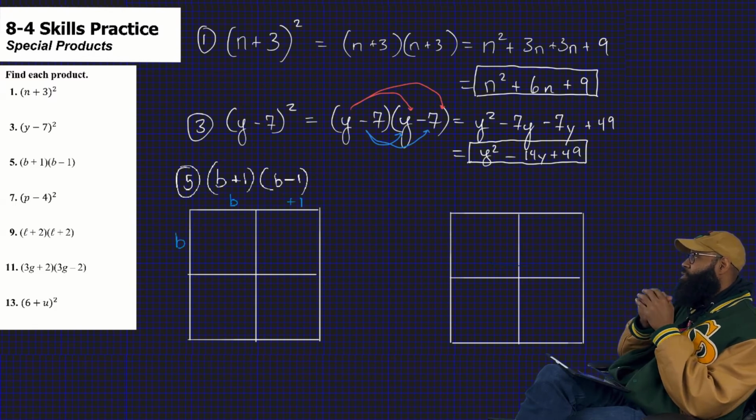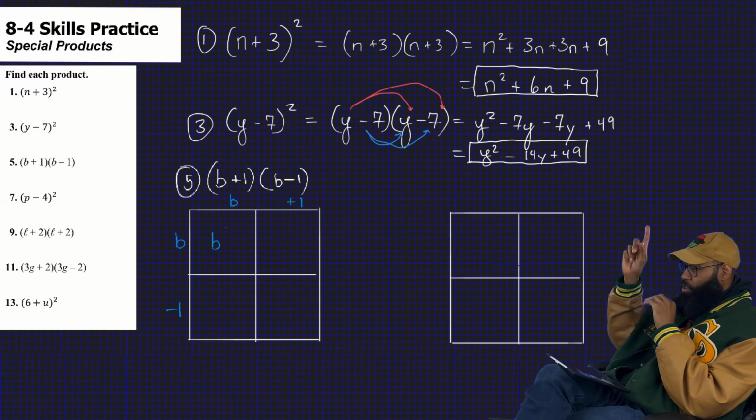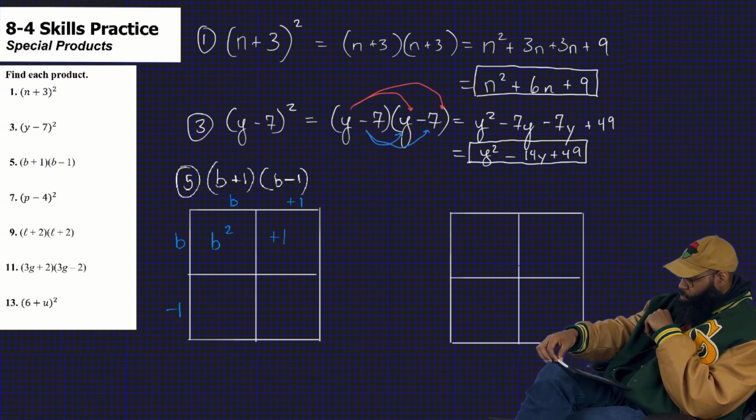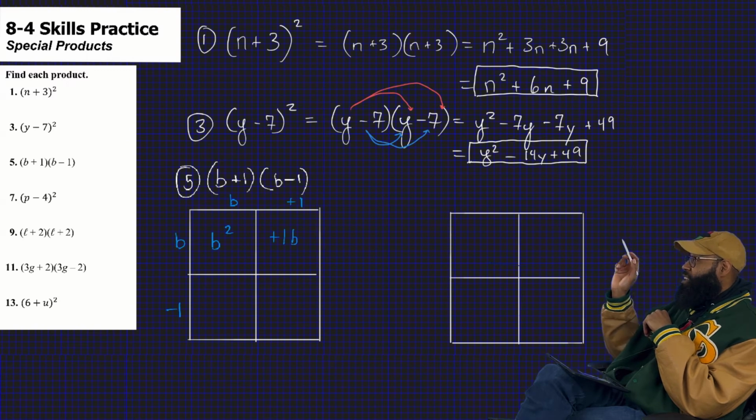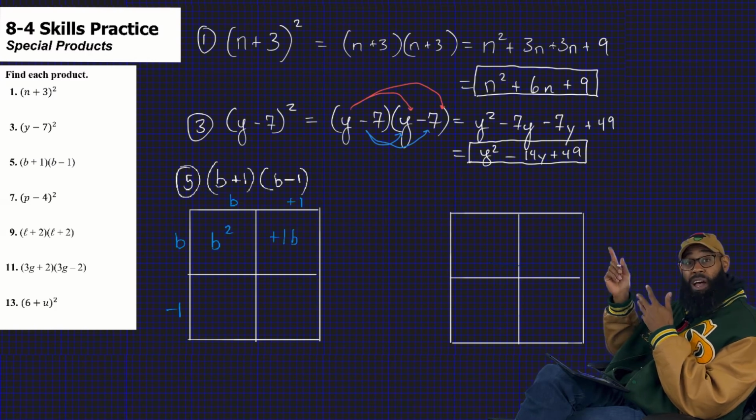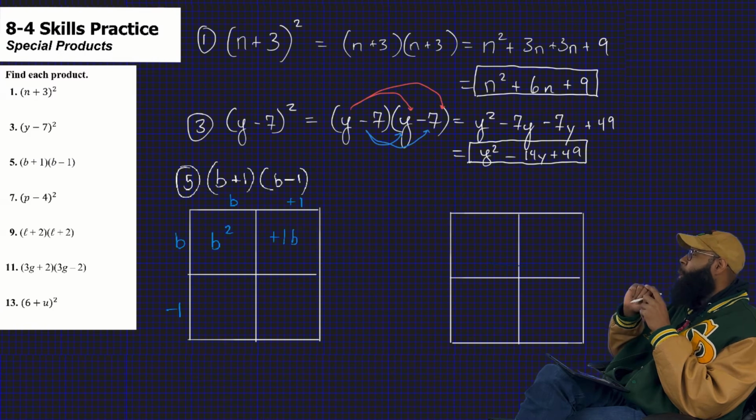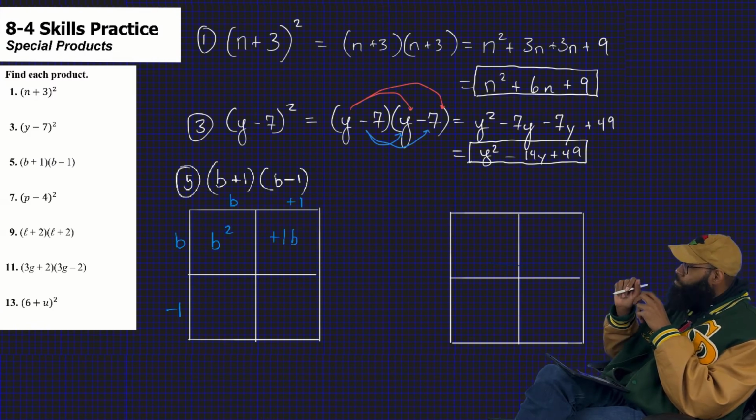B plus 1 times B minus 1. I'm going to do a little quick pause here so that I can demonstrate, point out, or make sure that you guys see that right there on the top of the box is B plus 1. I put the plus because it's a positive 1, right? And then the second binomial, B minus 1, well, right there on the left, B, and then you see the negative 1, right?